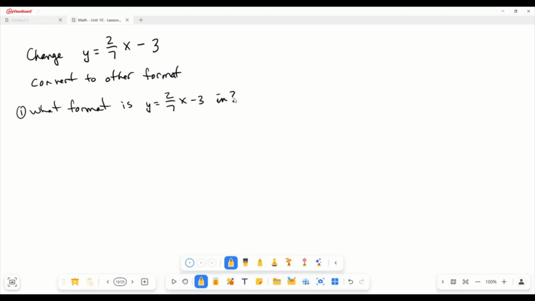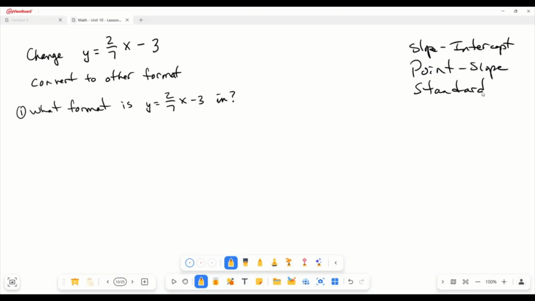It's one of three answers. It's either slope-intercept, it's either point slope, or standard.